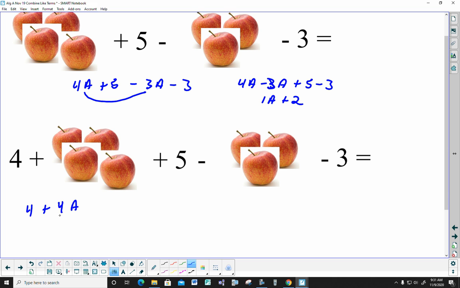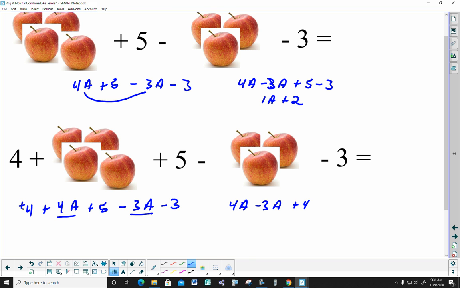I can't combine these because they both don't have an a, so that just has to stay there, as is, for now. Plus 5 minus 3a, and then this minus 3. If it helps you to rearrange things that are alike, you can do that. You've got 4a minus 3a, so those two things I've grouped, and then I have a positive 4 plus 5 minus 3.